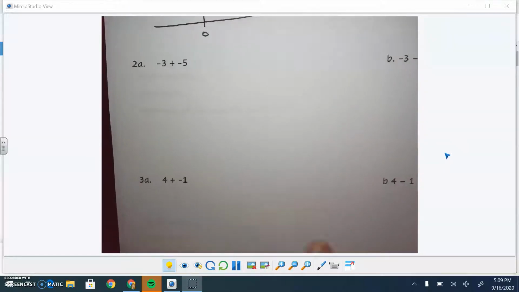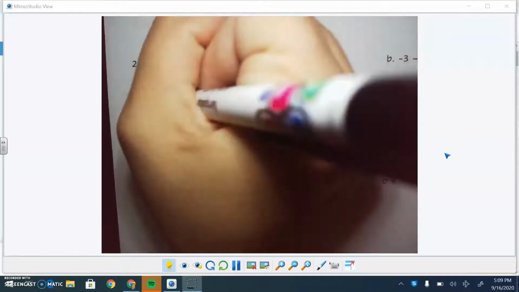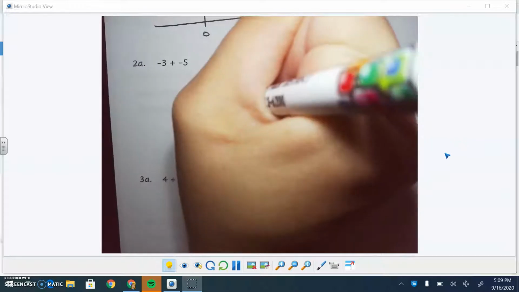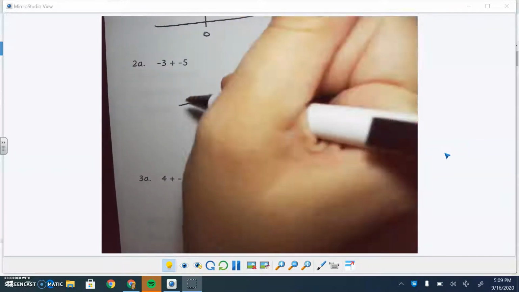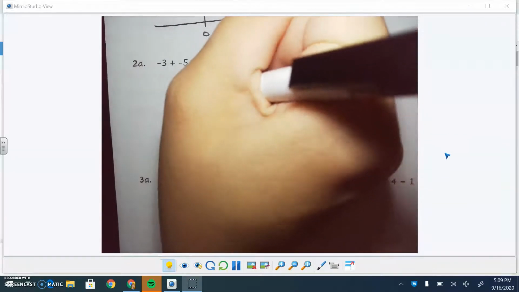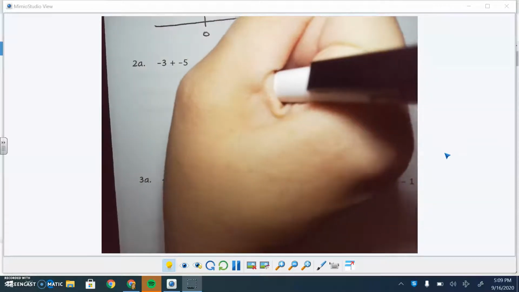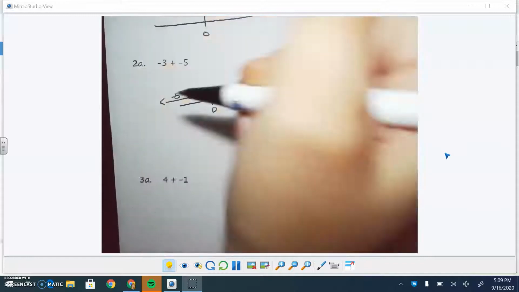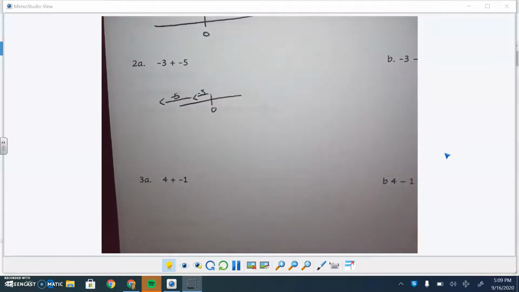For -3 plus -5, there are 2 different ways again that you can do this. You can use your number line, or you can use your integer chips. You're going to go backwards 3 because it goes in the negative direction, and then continue even more backwards 5. When I say backwards, I mean go to the left.